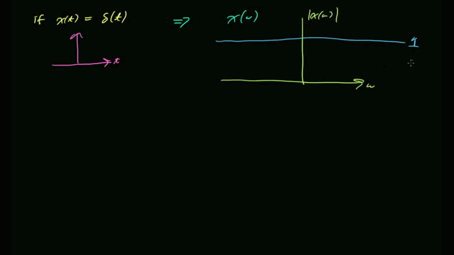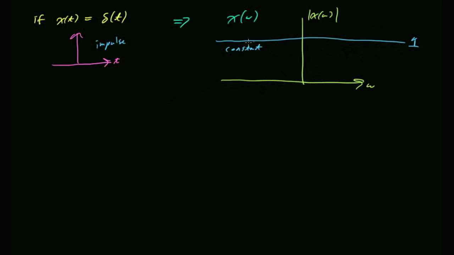So, the Fourier transform of an impulse is, so this is an impulse, this is a constant. This is really cool. An impulse is this freaky function that has this amazing property that it has equal energy at all frequencies.